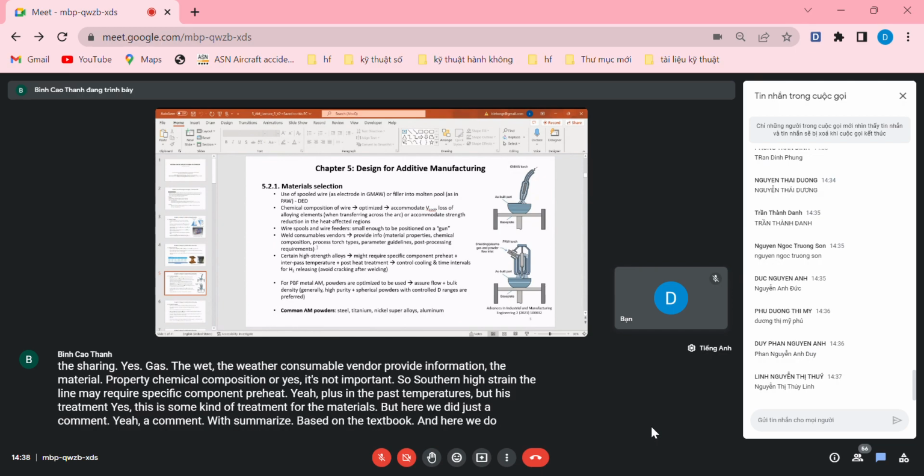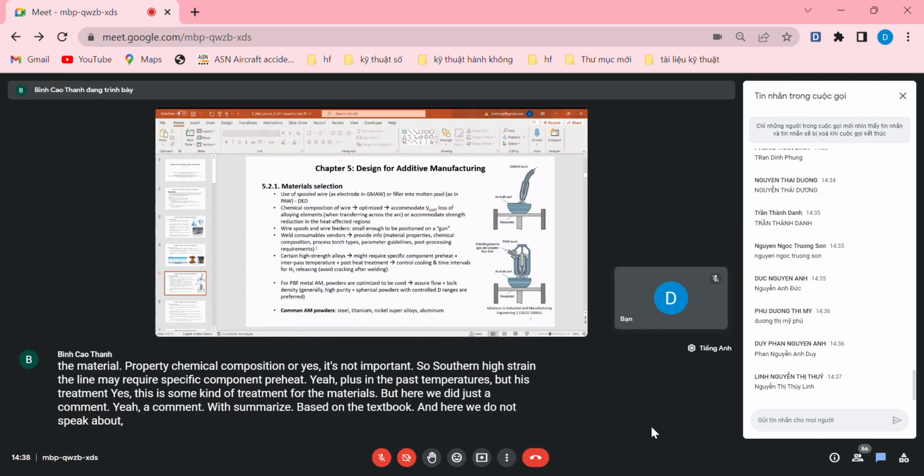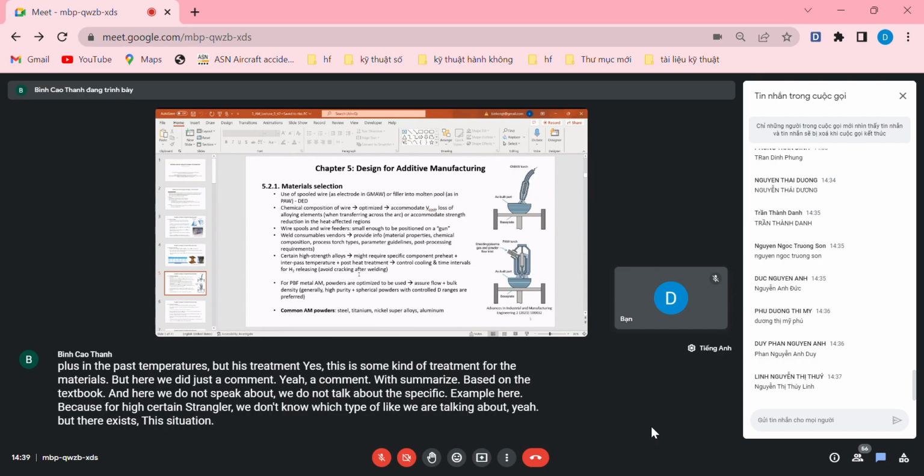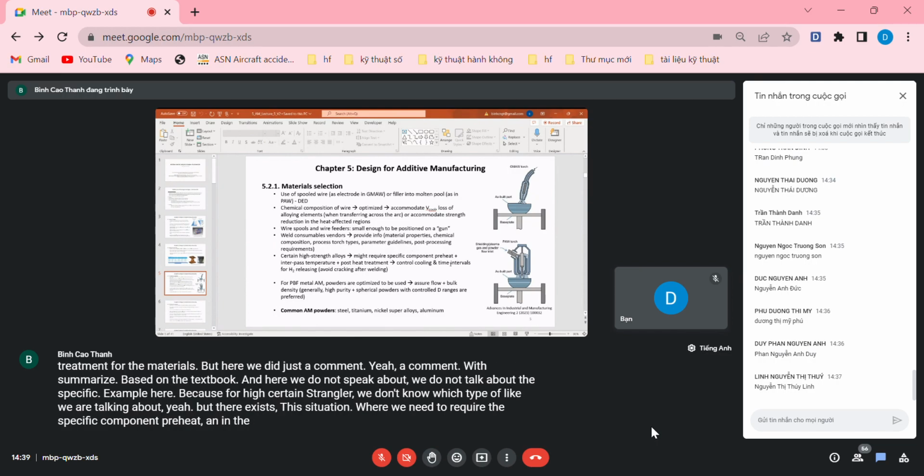We do not talk about a specific example here, because for certain high-strength alloys, we don't know which type of alloy we are talking about. But this situation exists where we need specific component preheat and interpass temperatures plus heat treatment.